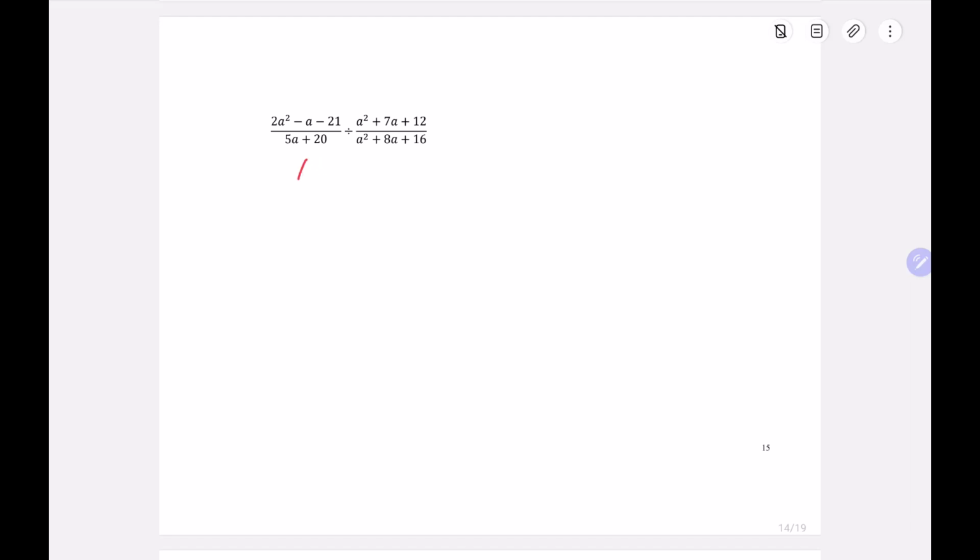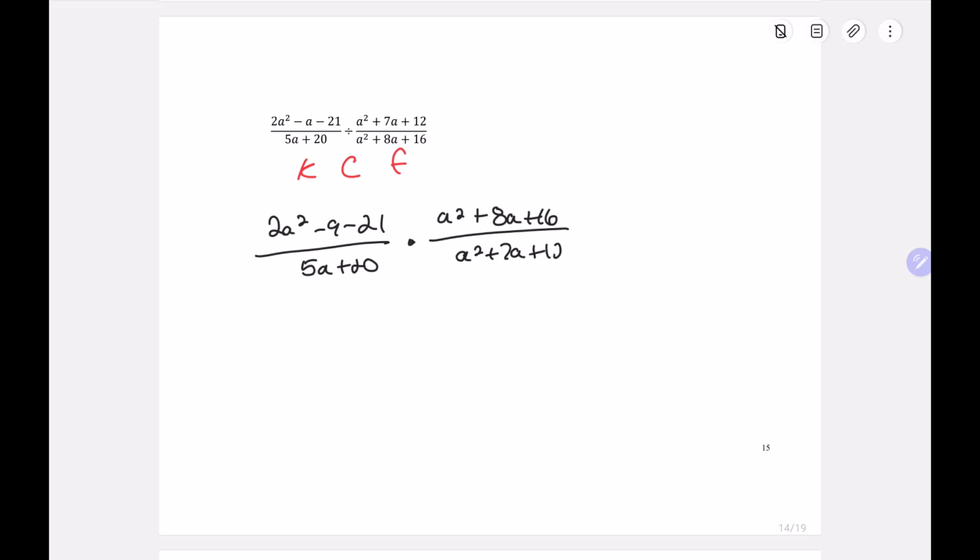So we're going to do keep, flip, and change. So we have 2a squared minus a minus 21 all over 5a plus 20 being multiplied by a squared plus 8a plus 16 all over a squared plus 7a plus 12.